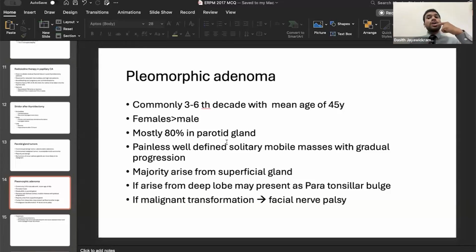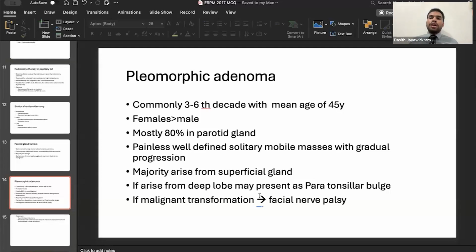Instead, it will grow inside to the mouth. In the inside of the mouth, you will see a bulge, because it's deep, it grows inward. You open the mouth, you can see a bulge coming inside, and it can also cause pressure on the facial nerve and cause facial nerve palsy.